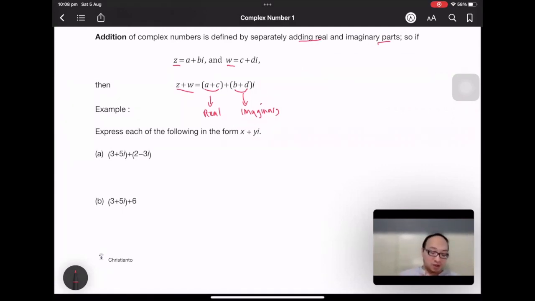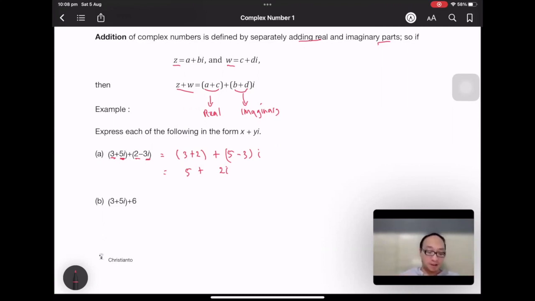We just add the real parts, 3 plus 2. This is the real part. And then we add the imaginary parts together, 5 minus 3i. So the result is 5 plus 2i.